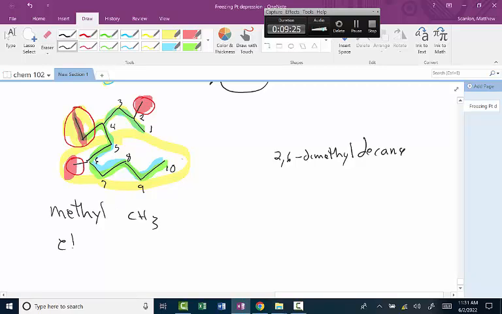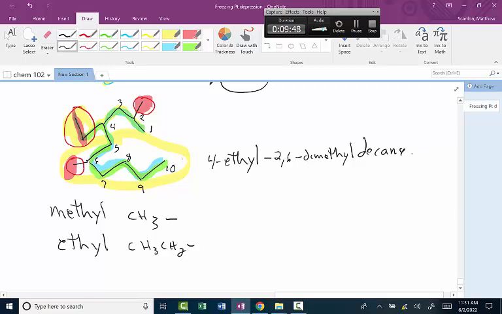Ethyl, eth is 2, so ethyl will be a CH3, CH2 group. Okay? And so I have an ethyl on carbon 4, and so that would be 4-ethyl-2,6-dimethyldecane.